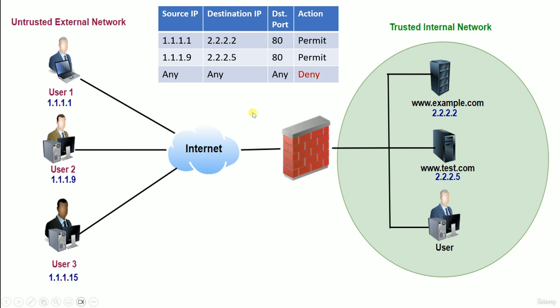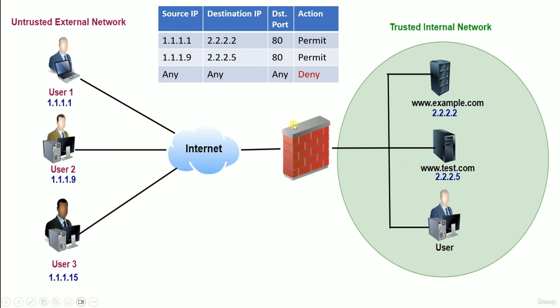Similarly, when user 1 wants to connect to test.com, his request comes from here to the firewall, the source would be 1.1.1.1 and the destination would be 2.2.2.5.